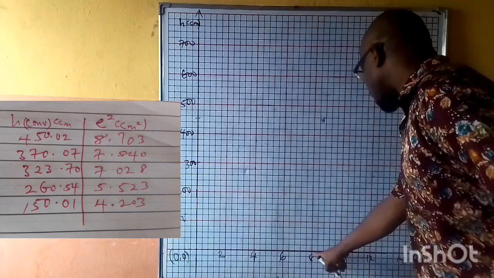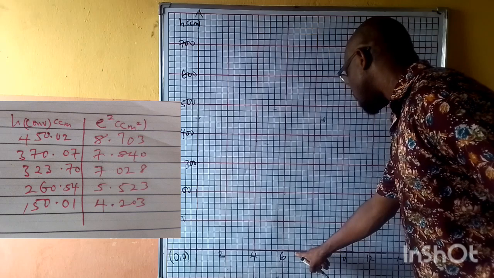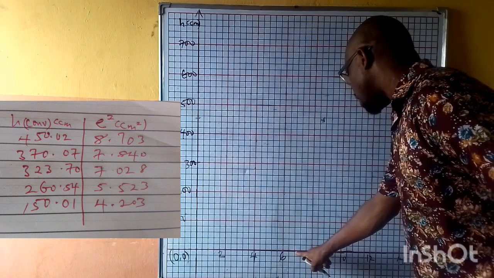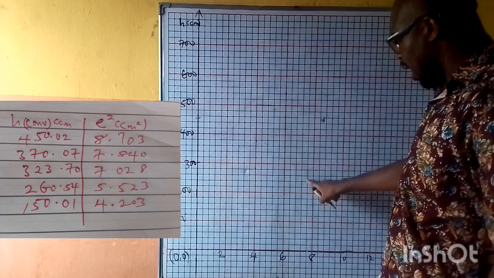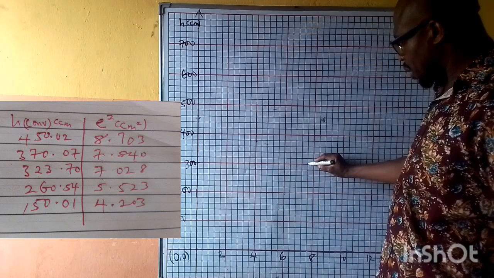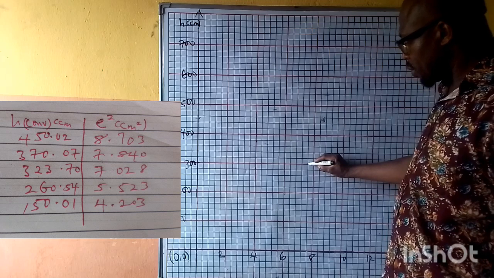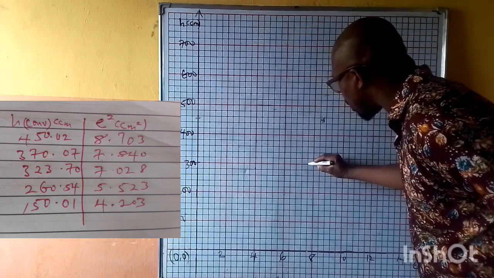Now this is a 6.4, 6.8, 7.2, and 7.8 on this line. 7.6 please on this line. So we can now plot somewhere here.